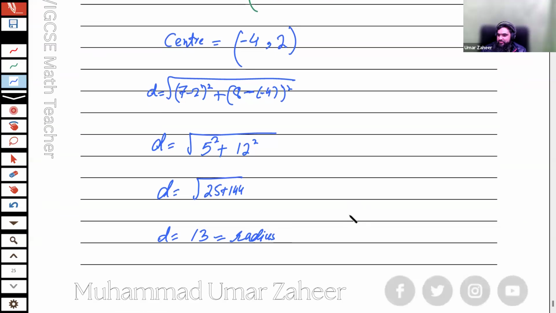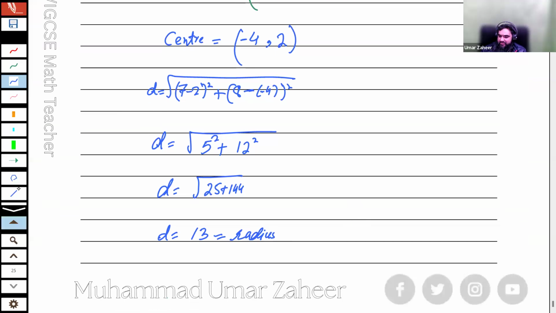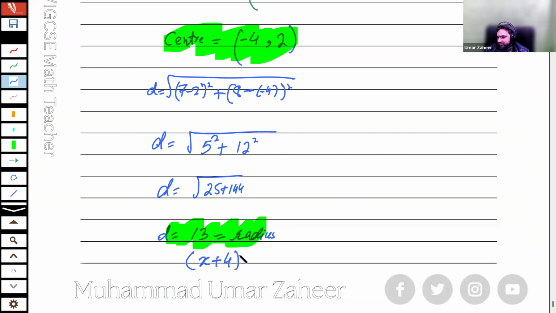So now we have the center and we have the radius. So the equation of a circle will be x minus x1, so it will become x plus 4 whole squared plus y minus 2 whole squared is equal to r squared. So that will be 13 squared, which you have to simplify.